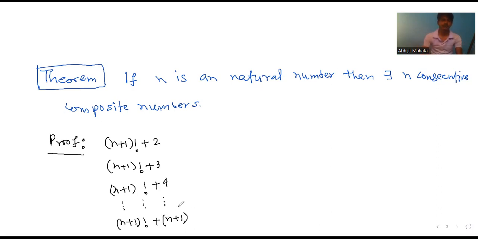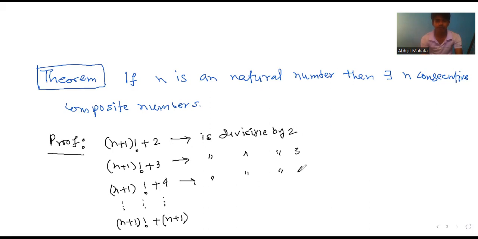Here observe that the first number is divisible by 2, and it is greater than 2. The next number is divisible by 3, because inside (n plus 1) factorial, 3 will appear. Similarly, the next is divisible by 4, and similarly the last is divisible by n plus 1.